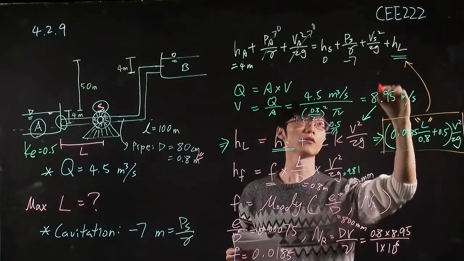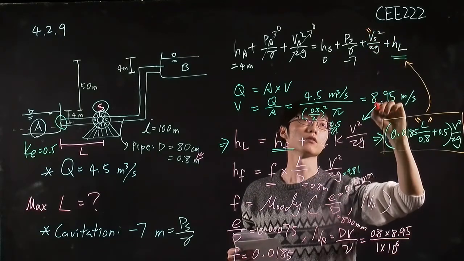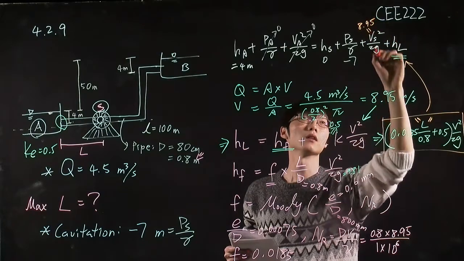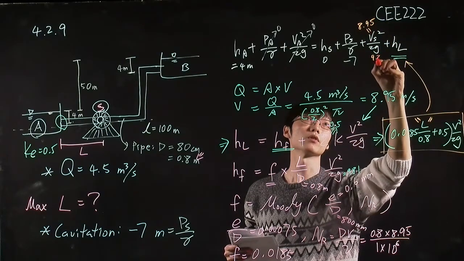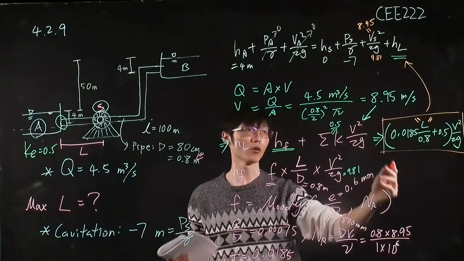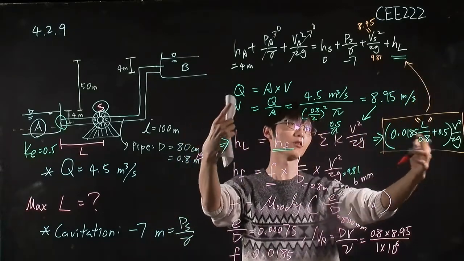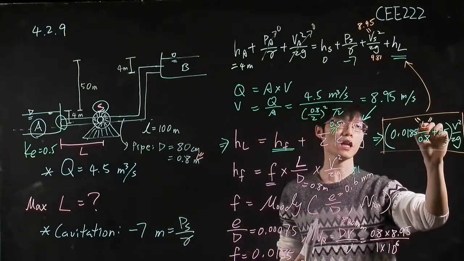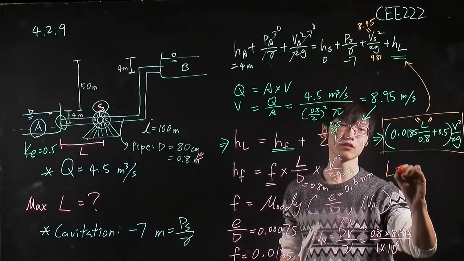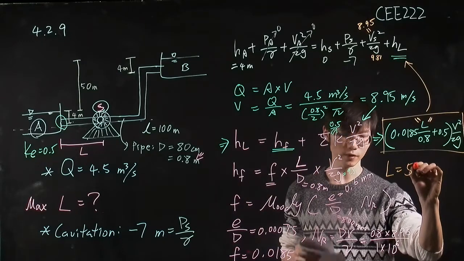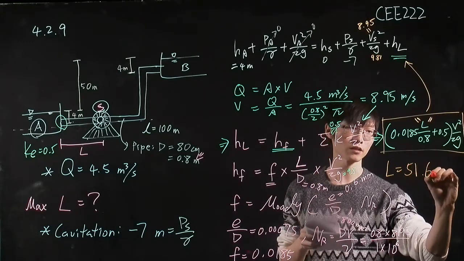And you know that this velocity now is equal to 8.95. g is equal to 9.81. So you can just simply use this equation, use your calculator, plug in all these numbers, and you can solve this L. And here I just tell you the answer is equal to 51.6 meters.